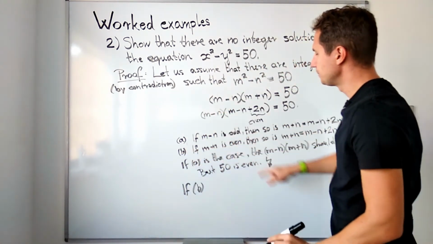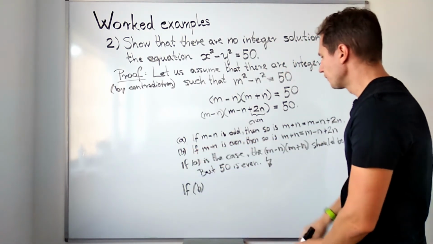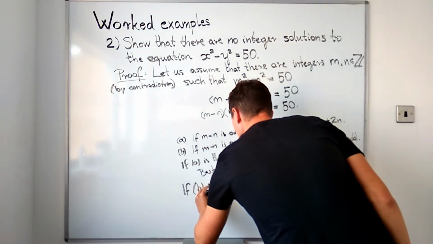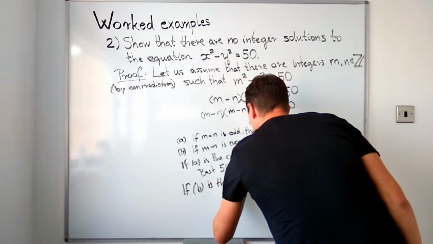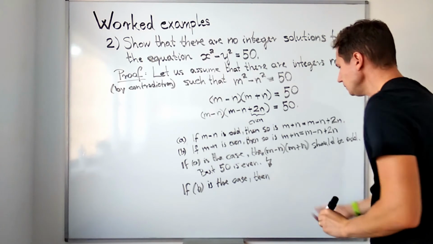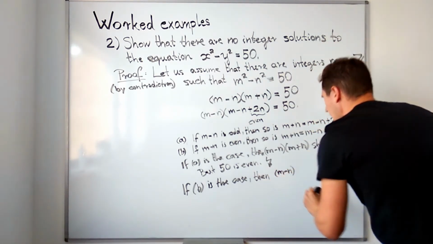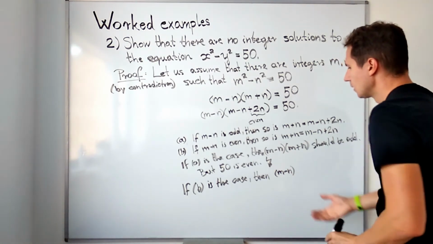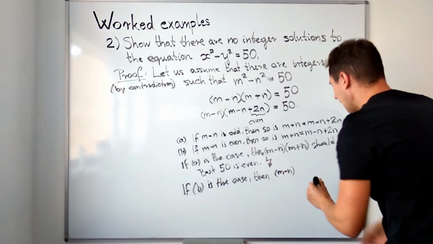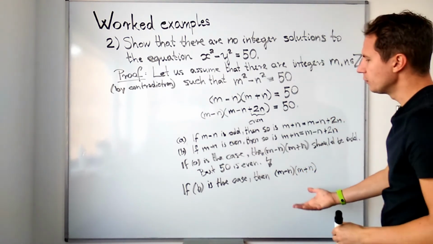Okay, so what if B is true? What if the second case is true? Well, if m minus n is even, then both m minus n is even, that is divisible by 2, it's a multiple of 2, and m plus n is also even, divisible by 2.